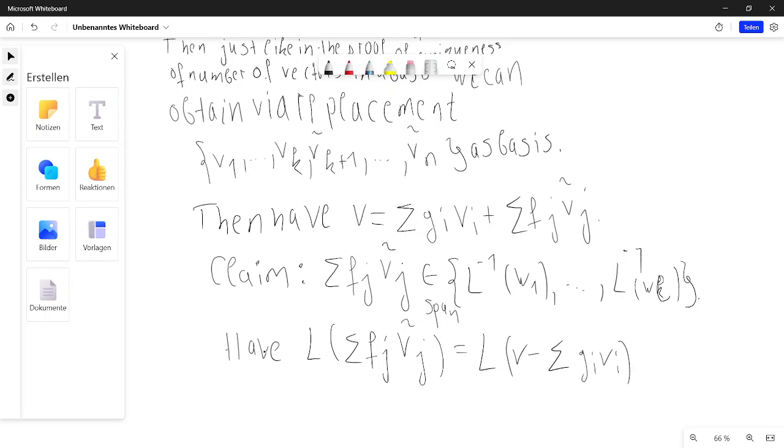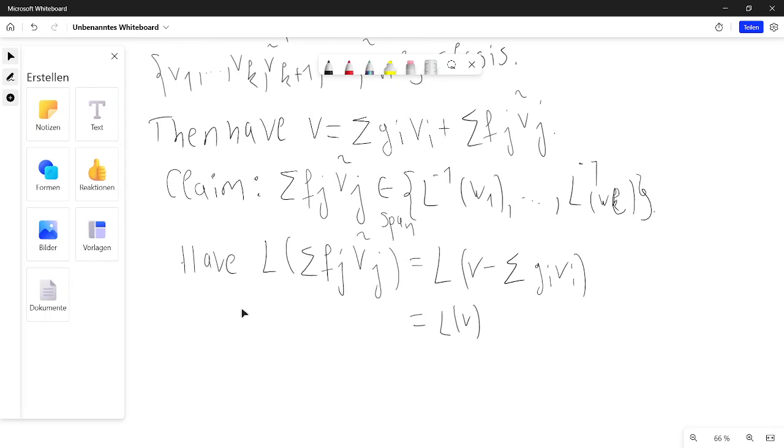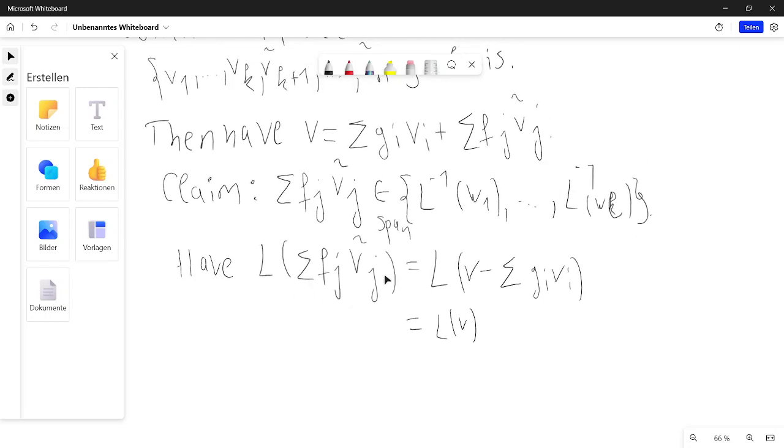The V_i vectors equal to L V. You see, that is because that disappears because those vectors are in the kernel. That is why we brought them in. We have now a representation of that. Okay.